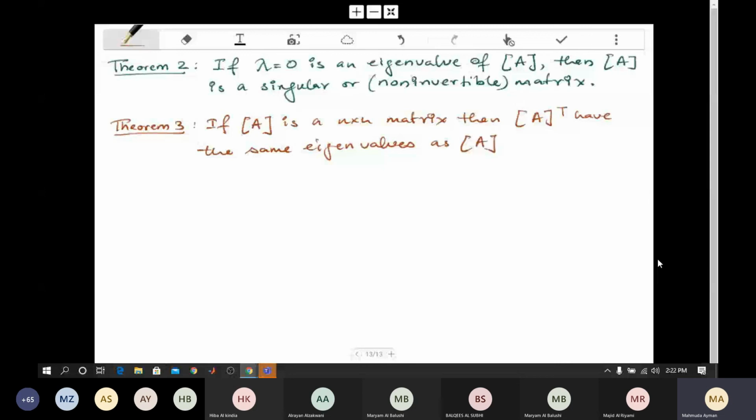So if we have a matrix A and it is a square n by n matrix, then the transpose of this matrix has the same eigenvalues as the matrix A.